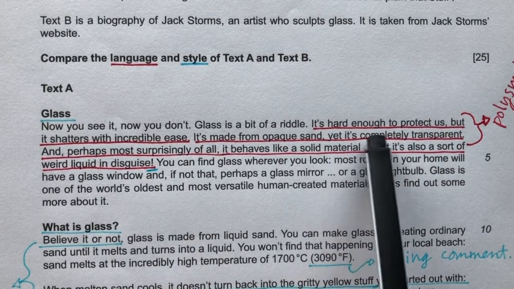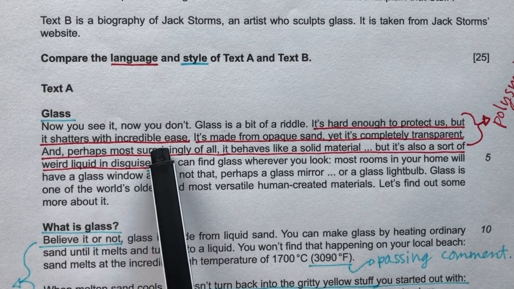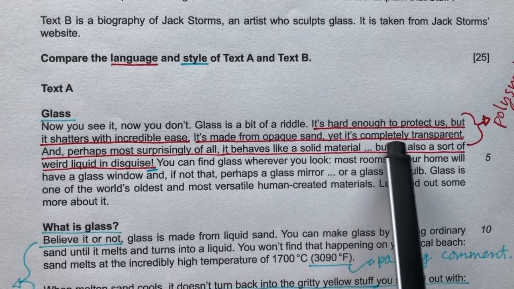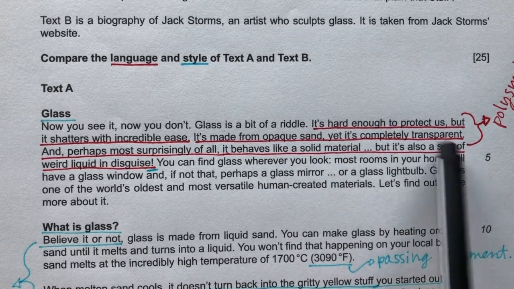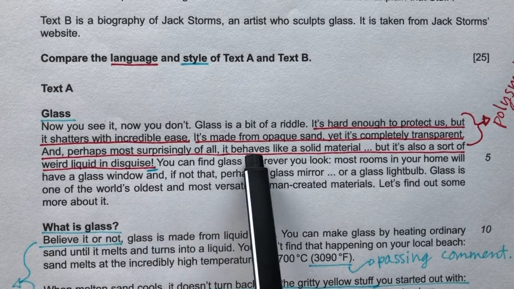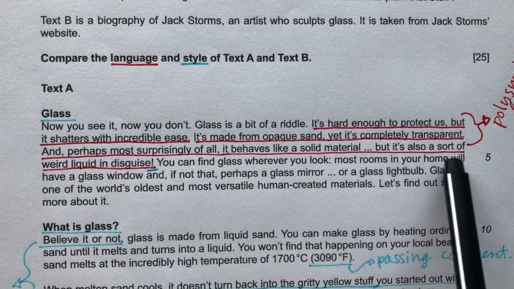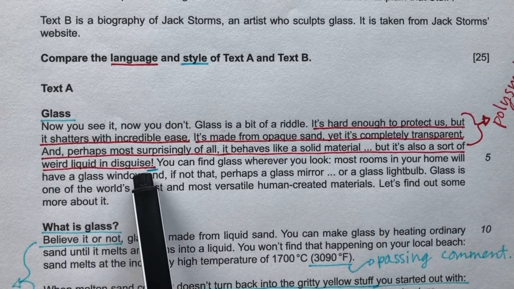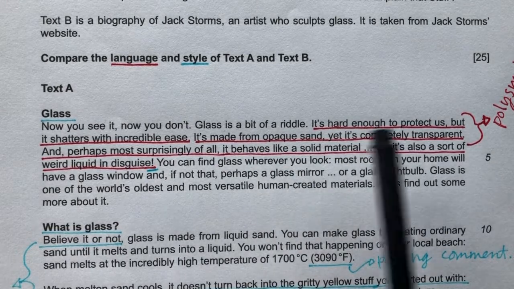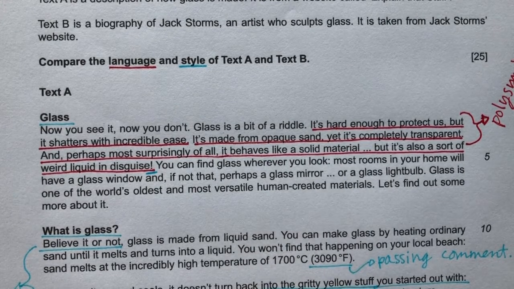So it's hard enough to protect us, but it shatters with incredible ease. It's made from opaque sand, yet it's completely transparent. And perhaps most surprisingly of all, it behaves like a solid material, but it's also a sort of weird liquid in disguise. So we have but, yet, but, and. Just a lot of conjunctions that are used repeatedly.